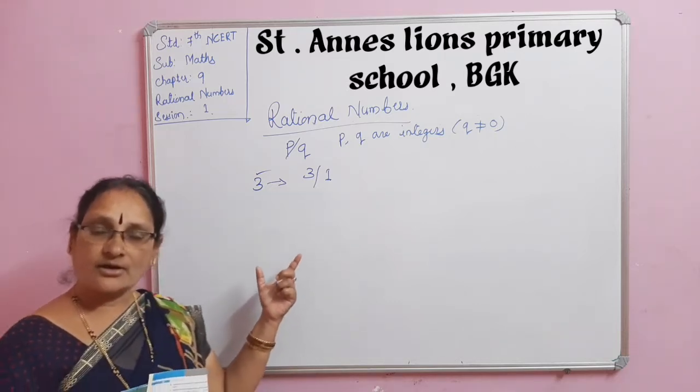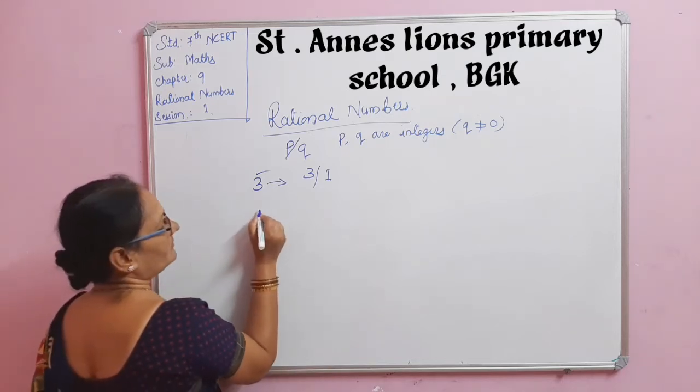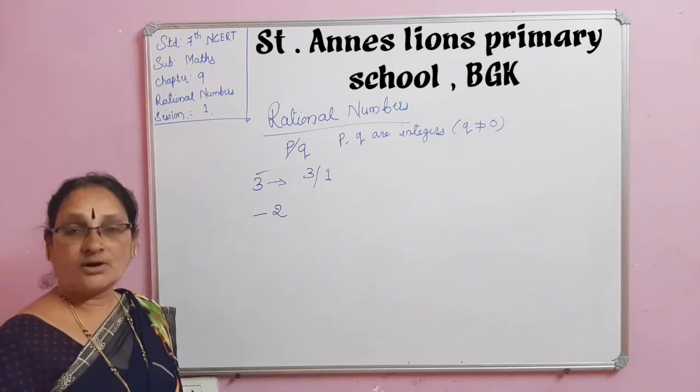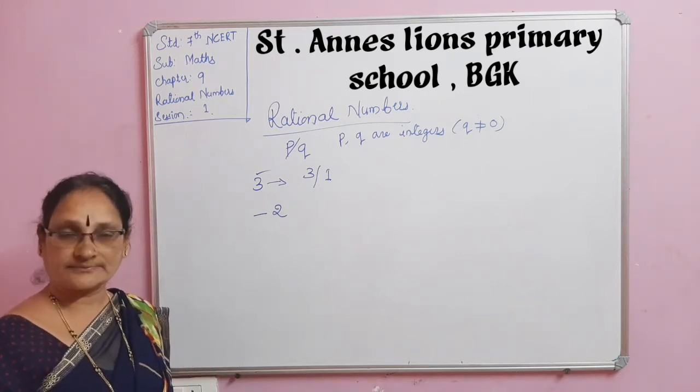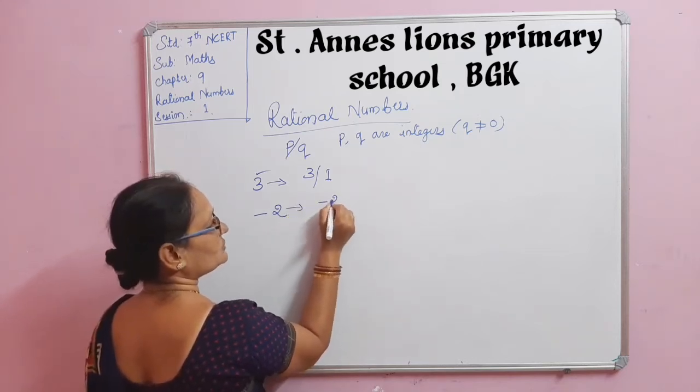Like that you can take all the numbers. Suppose minus 2. Minus 2 is an integer, a negative integer. Can we express this in the form of p by q? Yes, minus 2 by 1.